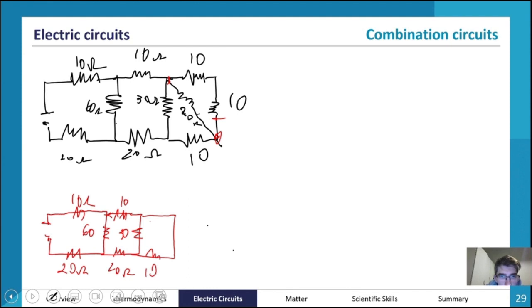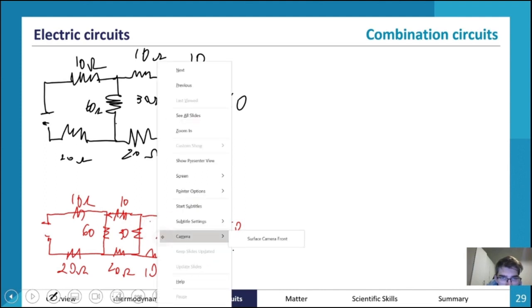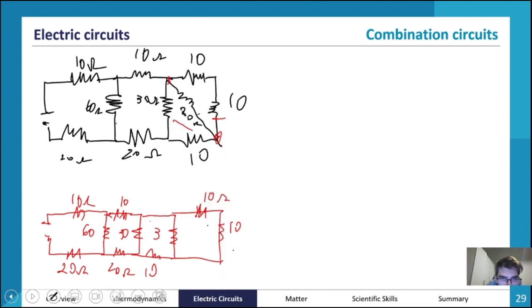Is everyone cool with what I'm doing now? You can extend and you can say, well, this is 10 ohms. We have a 10 ohms here. And we have a 30 ohm right here. Yeah, perfect. This is drawn perfectly.